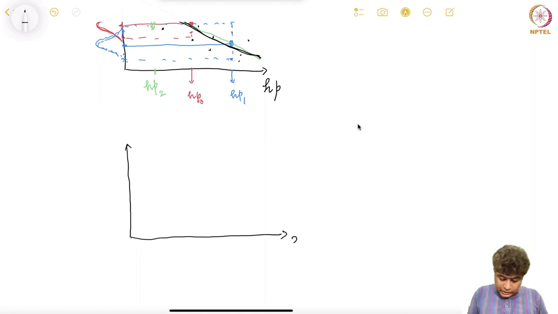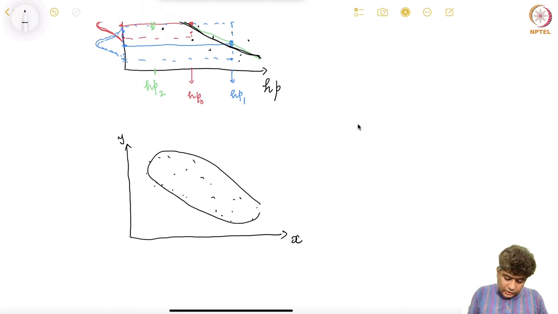Now if we generalize this, if we have a distribution of x and y, the points are somewhat like this. So we can think of a joint distribution of x and y somewhere here. Now for a given value of x, here x naught, what would be the possible values of y that we can think of?